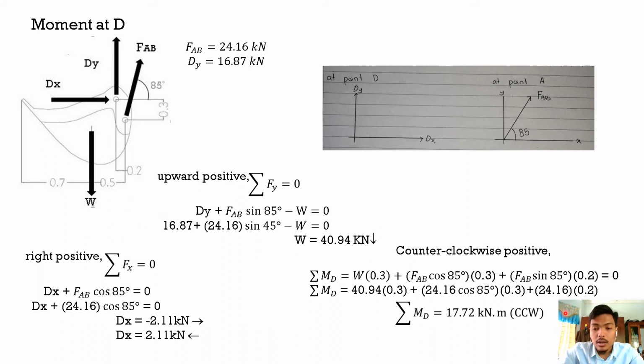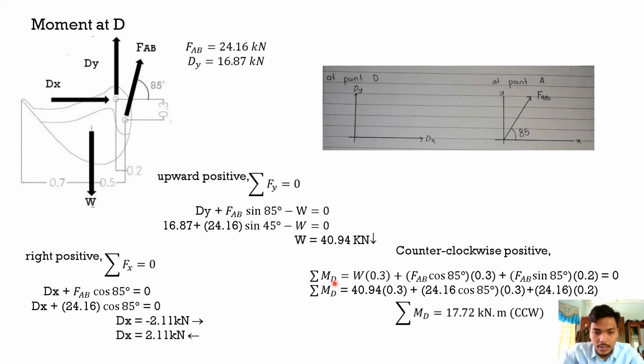The next thing we can do is the summation of moment at D. This time, for the summation of moment at D, we assume that counterclockwise is positive.